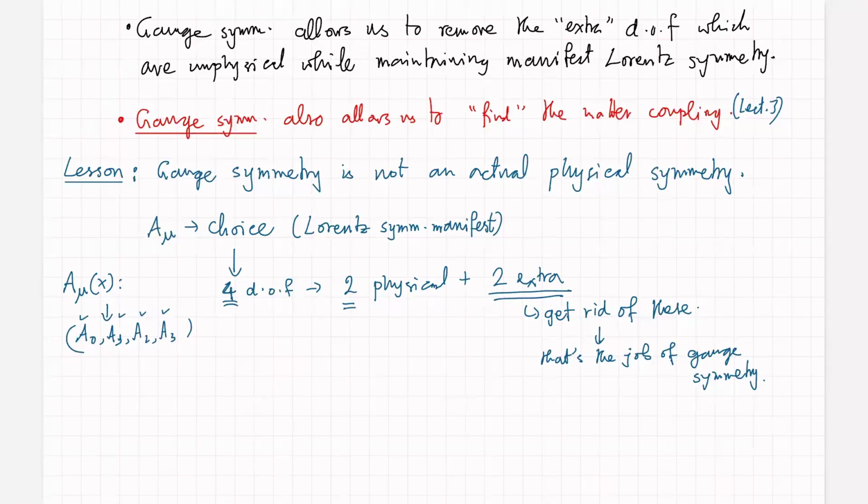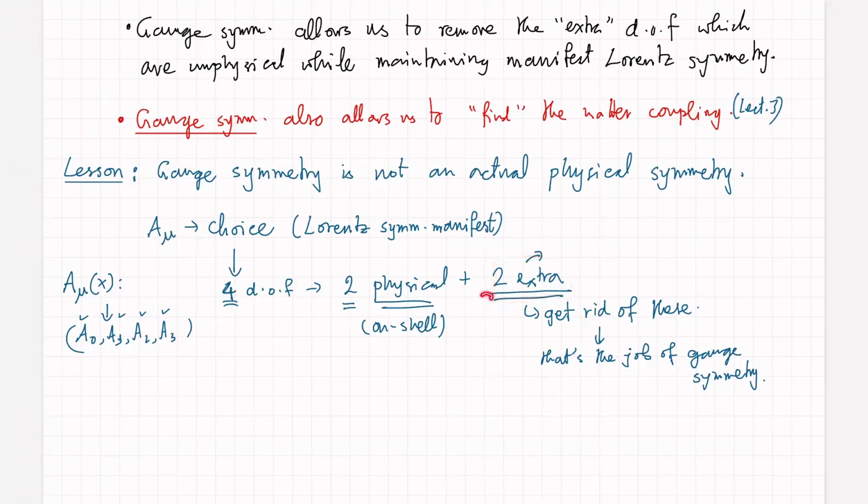There could be some linear combinations which are physical and some linear combinations which are unphysical. But out of these 4 degrees of freedom, there should be 2 combinations which are physical on shell and 2 which are extra. There are various terms used for this: extra, unphysical, spurious. You take your pick. But these 2 are simply not needed to describe the physics.